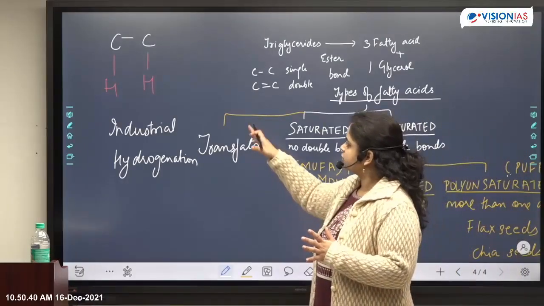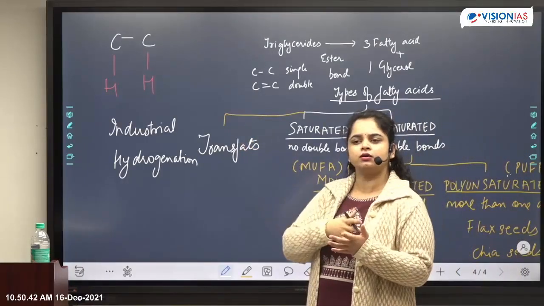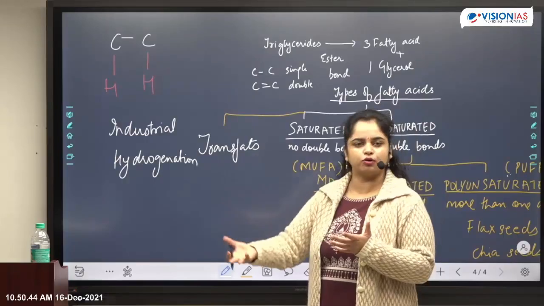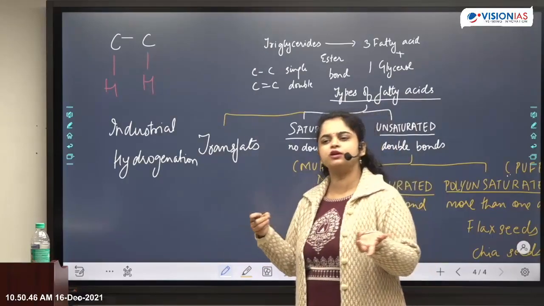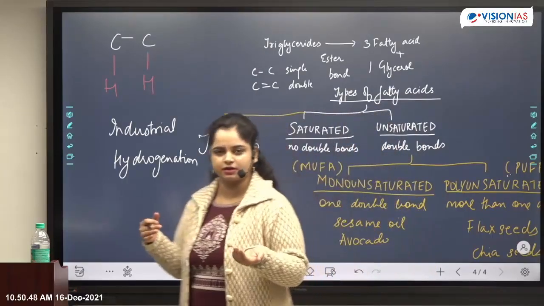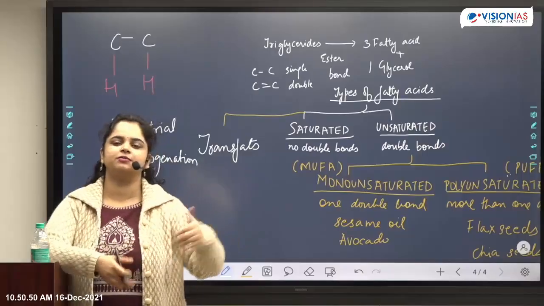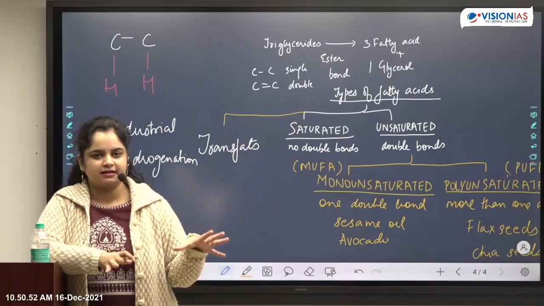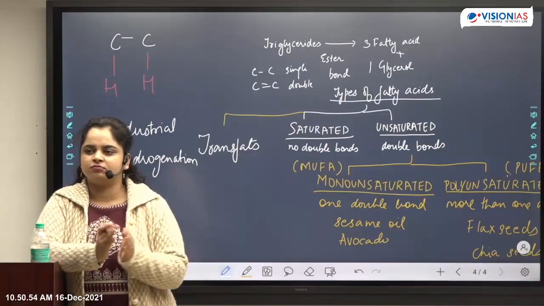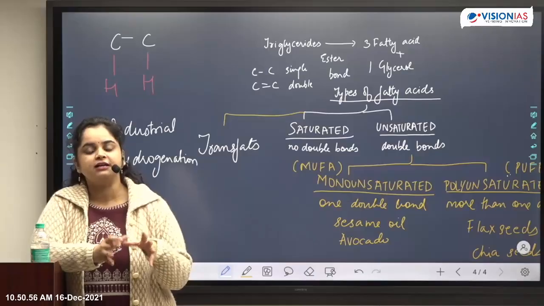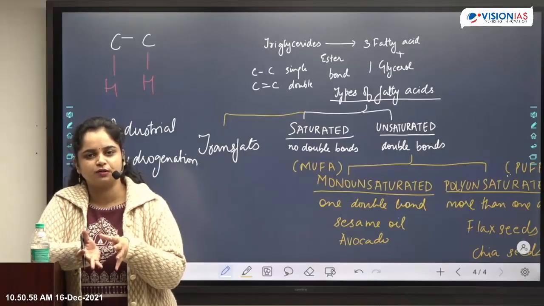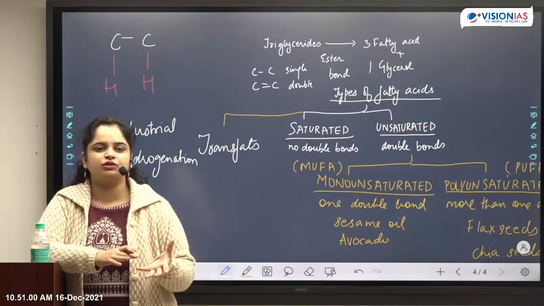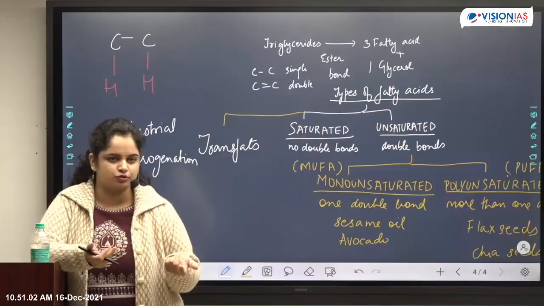We do not hydrogenate all of it. What we normally do is hydrogenate some percentage, like 20%, 30%, 40%. Some amount of it is kept in the original form, and some amount is hydrogenated.